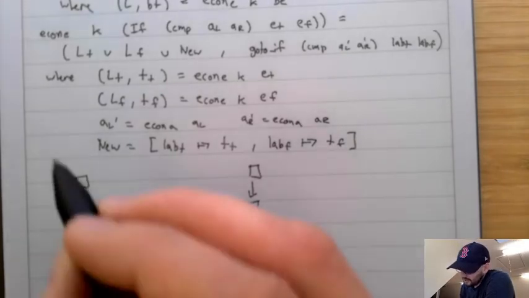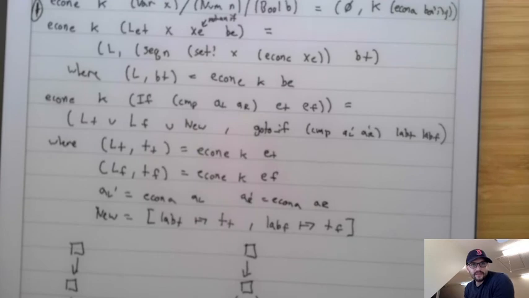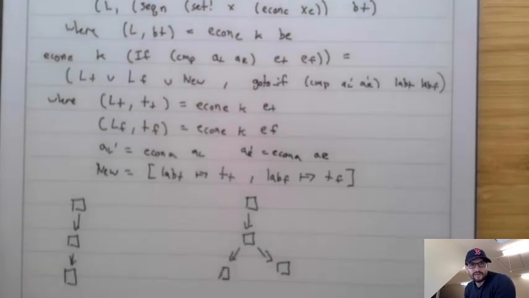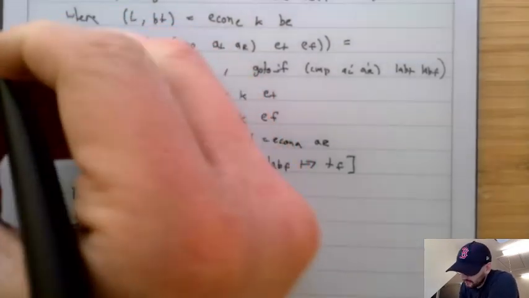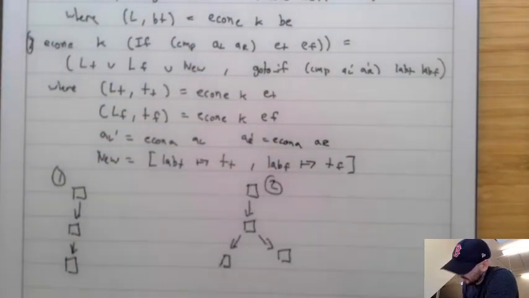So let's say right here, this is one. Sorry, it's off screen. Those first two cases are one, and this case right here is two. So this is the one situation, and this is the two situation.